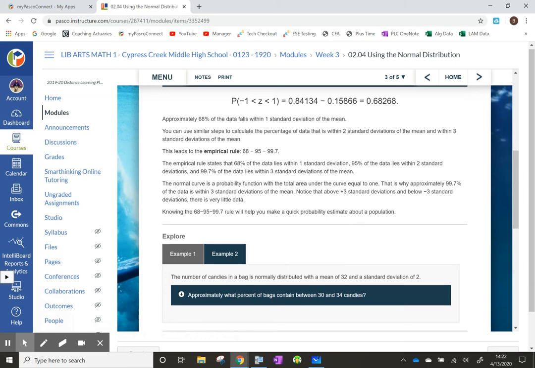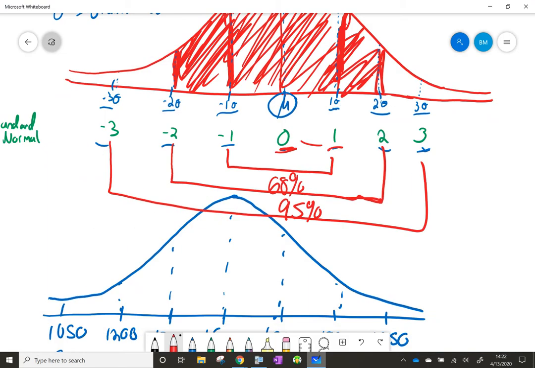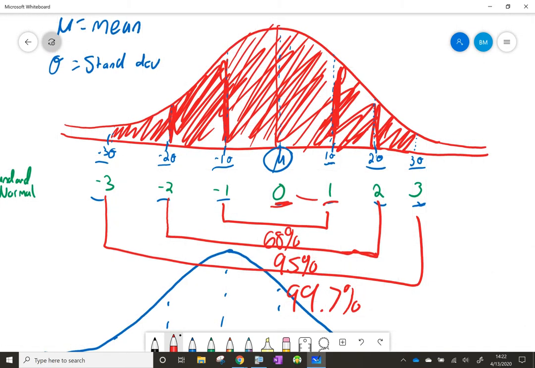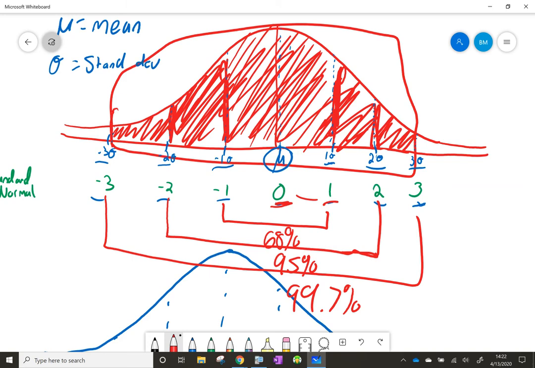Yeah, 99.7. So 99.7% of the data falls between -3 standard deviations to 3 standard deviations. So pretty much the entire curve, almost 100% of the area, is within that region of 3 standard deviations.